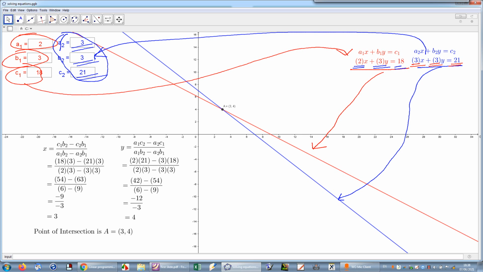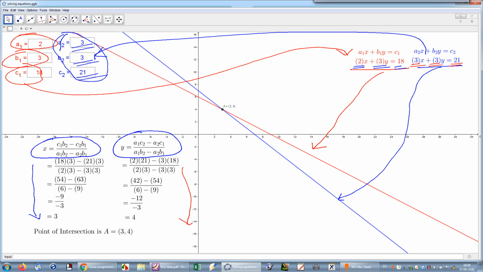The formula to determine the value of x is this: c1b2 minus c2b1 upon a1b2 minus a2b1, and the formula to determine the value of y is this: a1c2 minus a2c1 upon a1b2 minus a2b1. You simply have to substitute the values of a1, b1, c1 and a2, b2, c2.